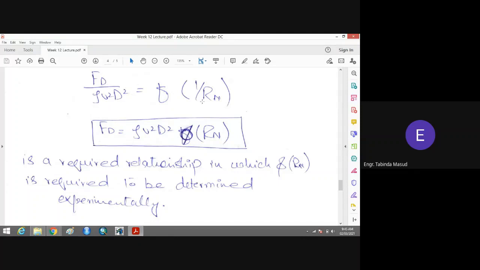So the analysis shows you that you can perform an experiment in which you change only the Reynolds number, and changing the Reynolds number will show you how the drag force changes with it. So it becomes quite easy. We know that Reynolds number is equal to velocity into dia divided by viscosity.